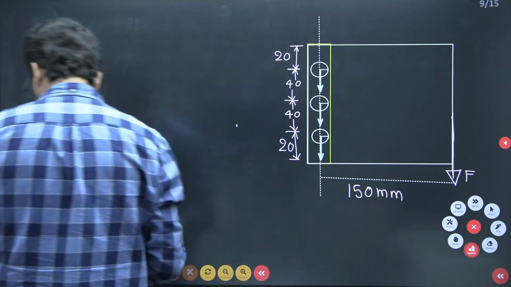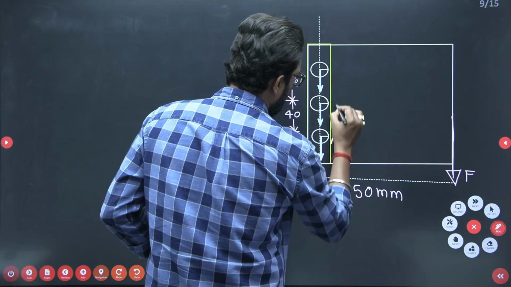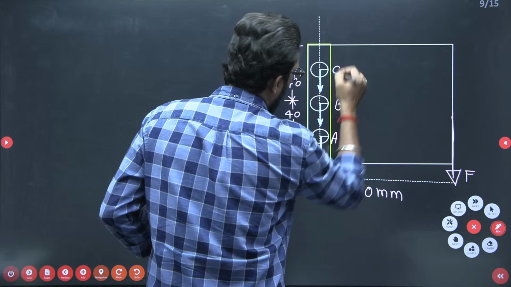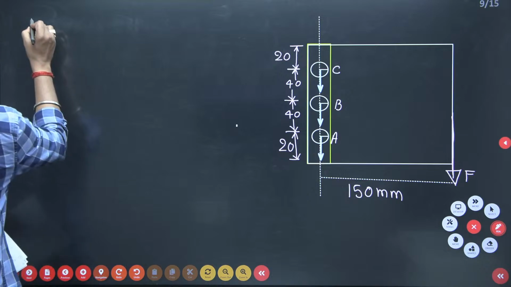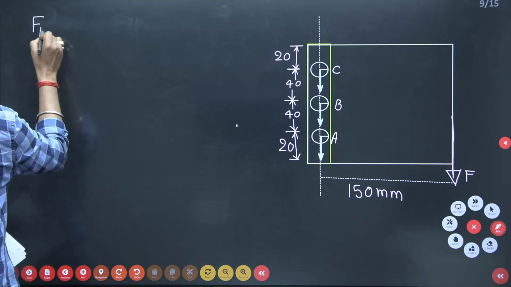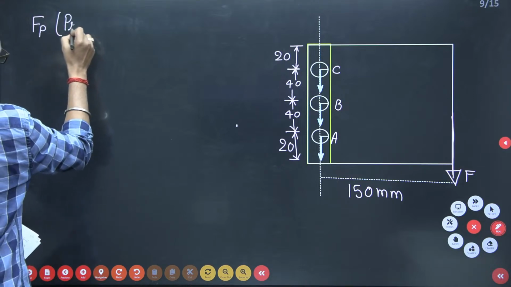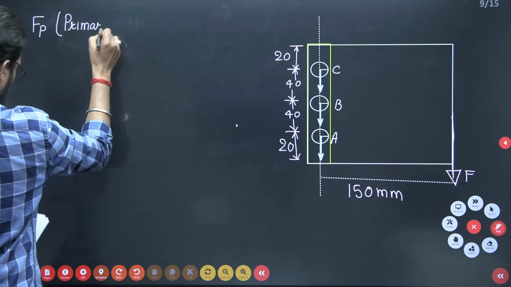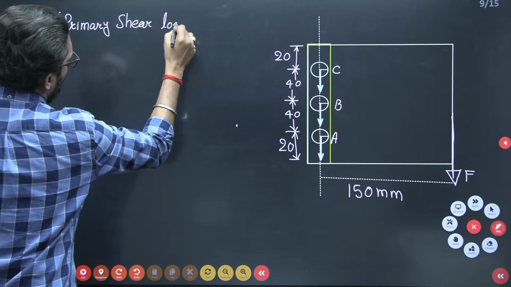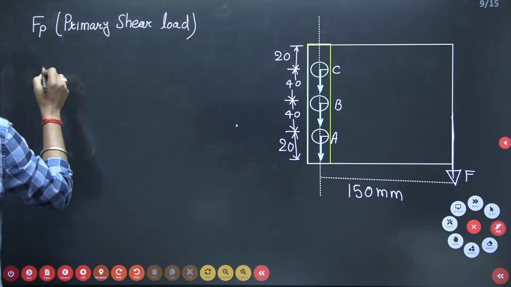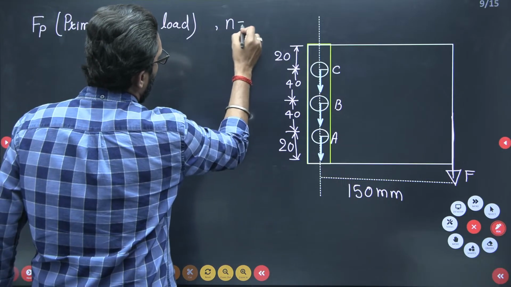This bolt is A, then B, C, and on all of A, B, C an equal primary shear load acts. So FP is the primary shear load. The number of bolts is N equal to 3.